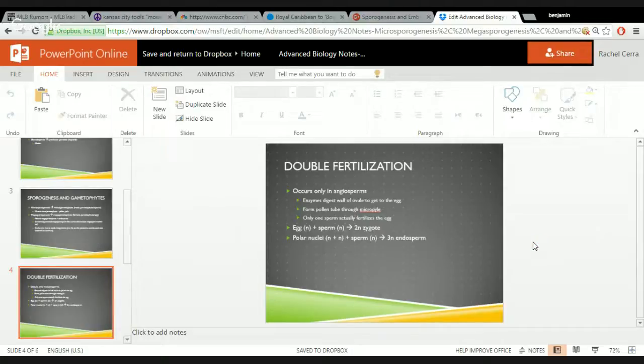Okay. Now, if you follow the arrows, one of the sperm will fertilize the egg to make that zygote. The other sperm is going to fuse with the polar nuclei to make that triple fusion endosperm, which will be needed later for the embryo to develop.